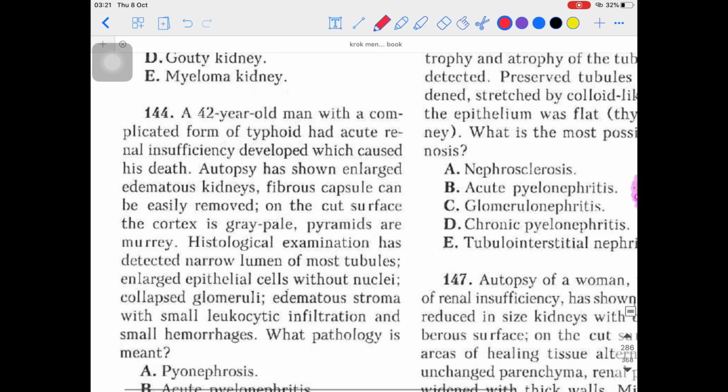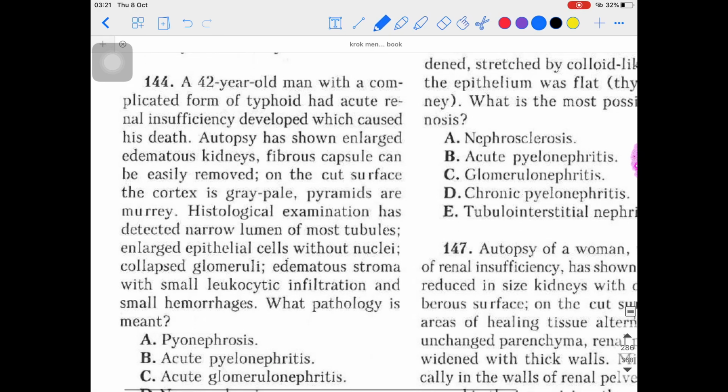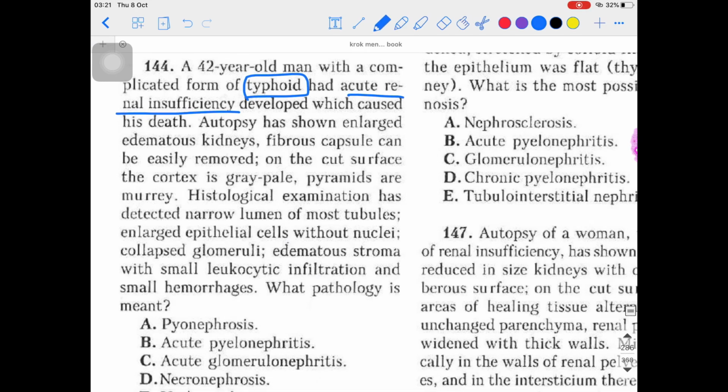Moving on to the next one, question number 144. A 42-year-old man with a complicated form of typhoid developed acute renal insufficiency which caused death. Autopsy showed enlarged edematous kidneys. The fibrous capsule can be easily removed. On the cutting surface, the cortex is grey pale.